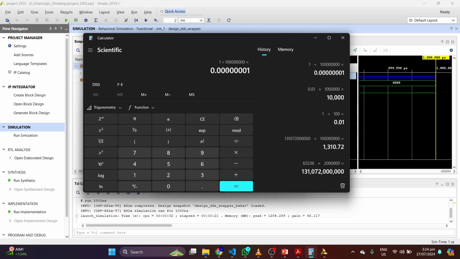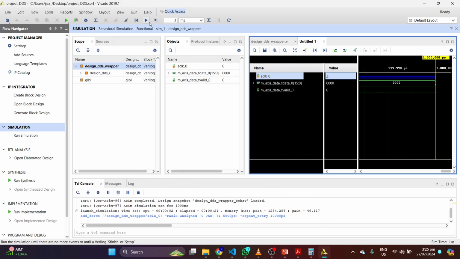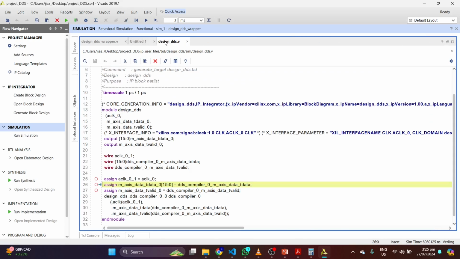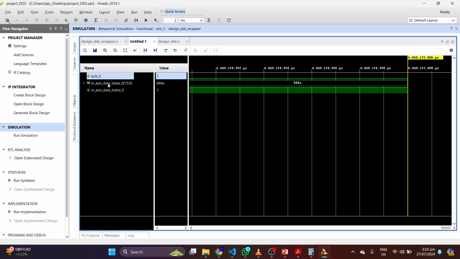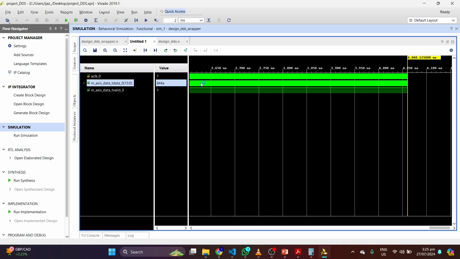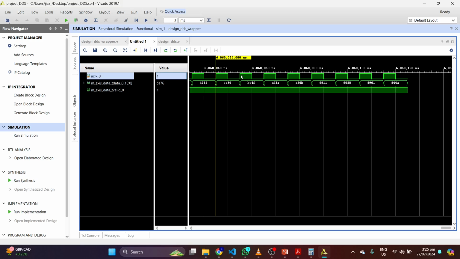So if we make it in scientific notation, it will be 10 nanosecond. 10 nanosecond is the period of this 100 mega clock. I will just make a 100 mega clock and just run. Okay. Now you can see that this is the 100 mega clock signal.